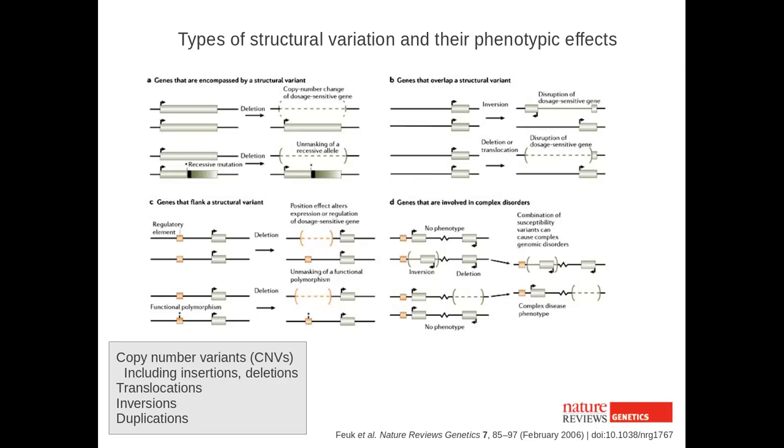And this is a review here, a paper by Feuk et al. It's one of the earlier reviews, back in 2006, even before we had the massive short-read sequencing, where the recognition that these types of events could be incredibly important in generating phenotypes began to be recognized.